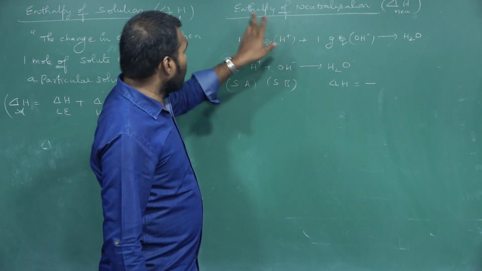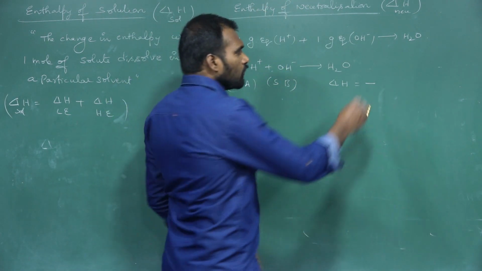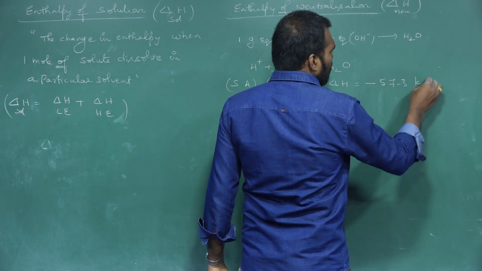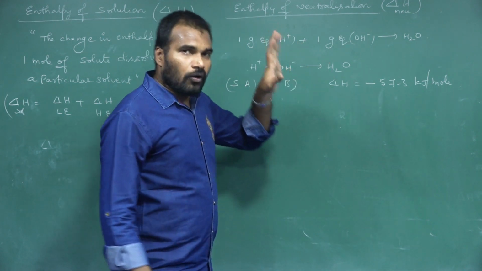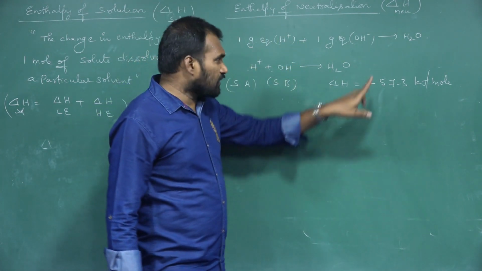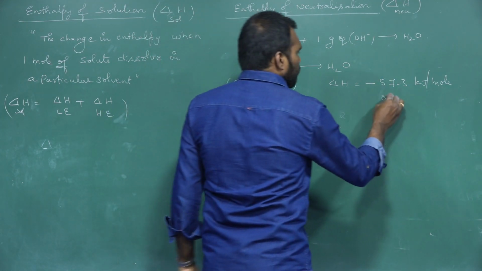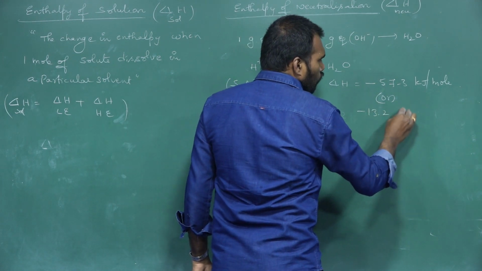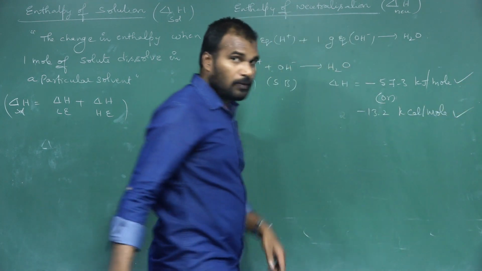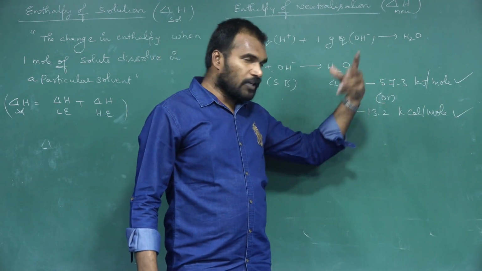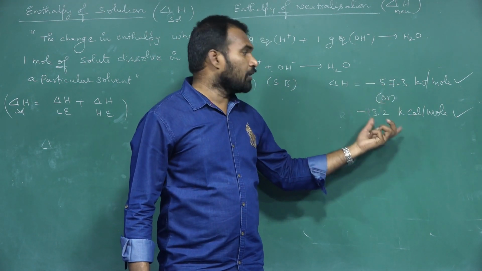Remember that enthalpy of neutralization is exothermic and its del H value is minus 57.3 kilojoule per mole, or else minus 13.2 kilocalories per mole. You remember this in 2 units. Sometimes they may give you the value in kilojoule, sometimes in kilocalories. In kilojoule 57.3, in kilocalories 13.2.